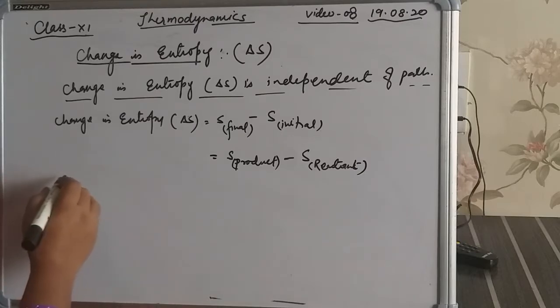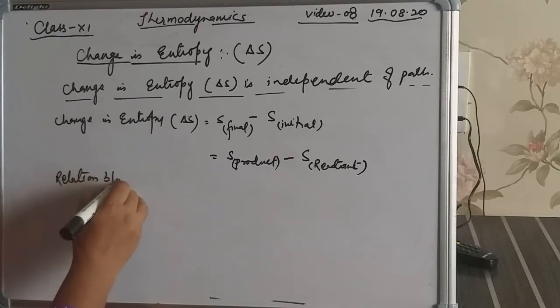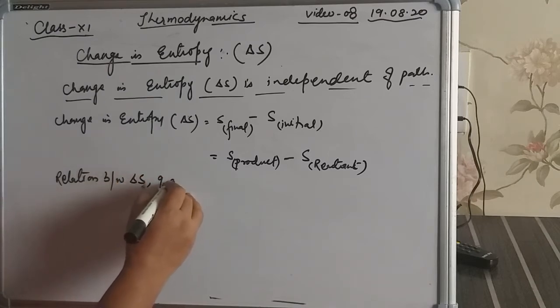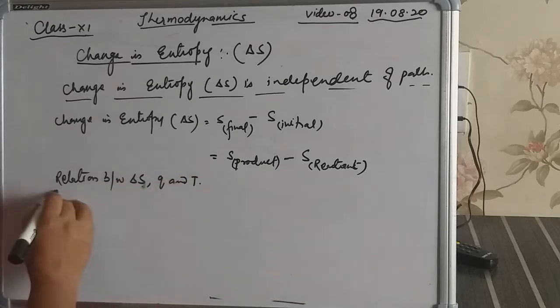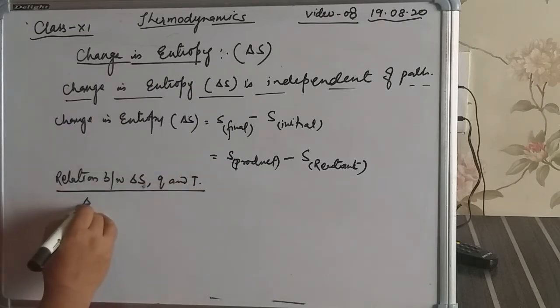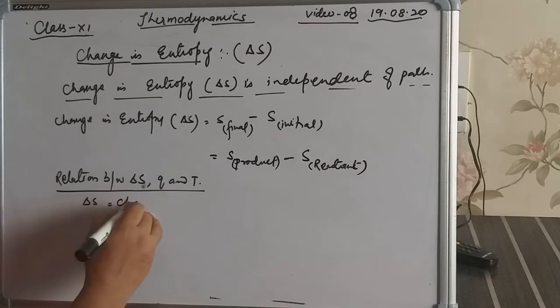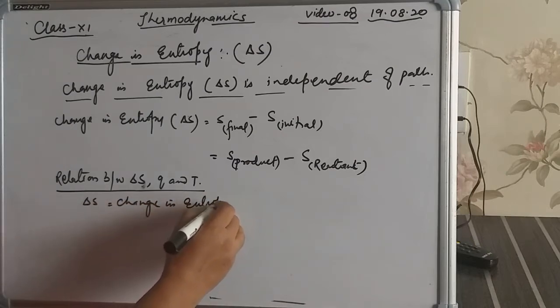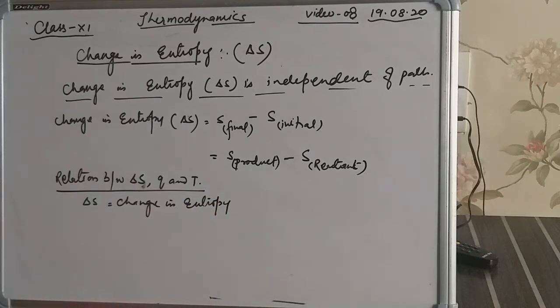What is the relation between change in entropy, heat and temperature? Delta S is called change in entropy, as we have already discussed in the previous video about the entropy.